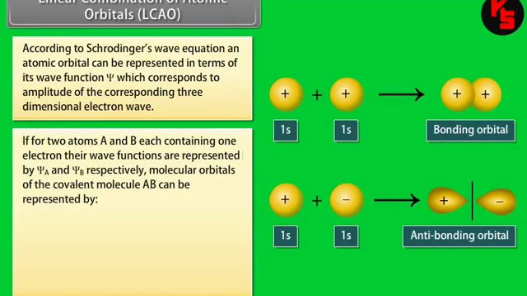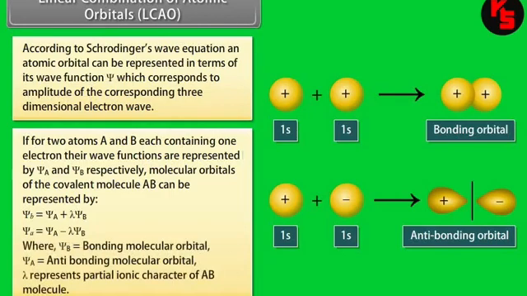Molecular orbitals of the covalent molecule AB can be represented by psi B equals psi A plus lambda psi B, and psi A equals psi A minus lambda psi B, where psi B is the bonding molecular orbital and psi A is the anti-bonding molecular orbital.